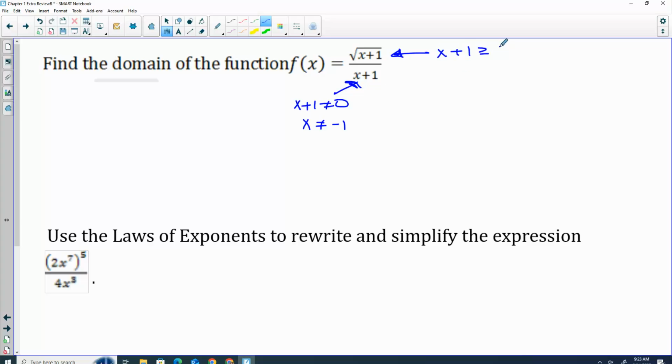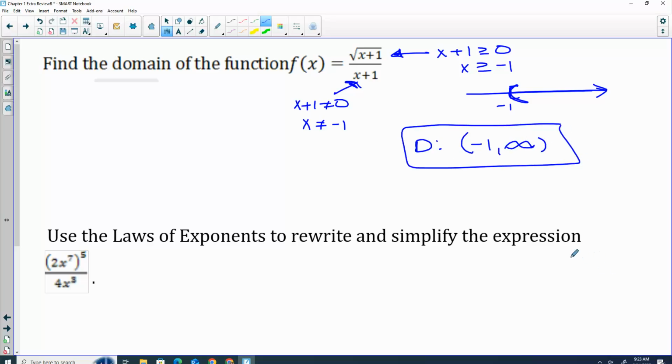What's under the radical has to be greater than or equal to 0. So x is greater than or equal to -1. Okay, so my overall domain. Greater than or equal to -1 looks like this. But then I said x can't be 1, so what do I change? That would become a parenthesis. So my domain is just -1 to infinity with a parenthesis on the -1.